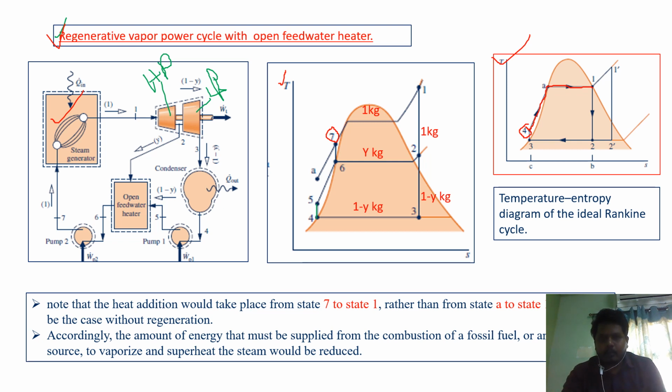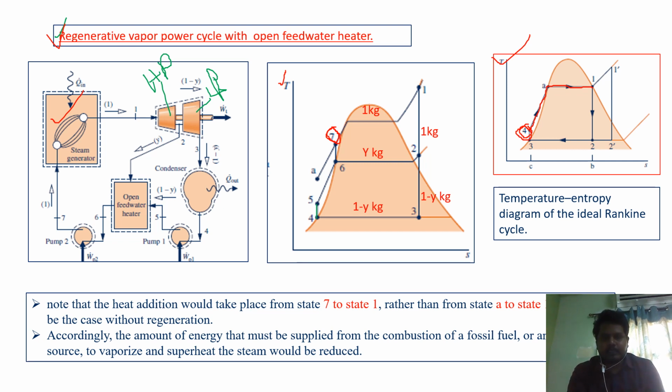Okay, but in regenerative vapor cycle, instead of entering at point 4, it is entering at point 7. That is the difference between regular Rankine cycle and regenerative Rankine cycle.